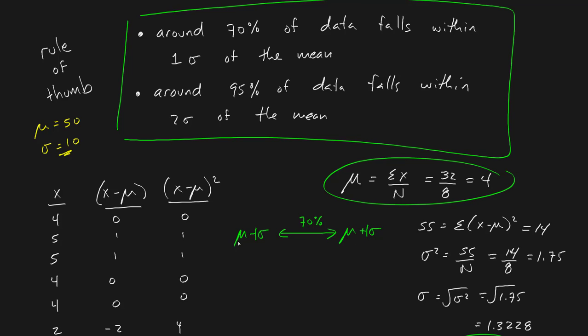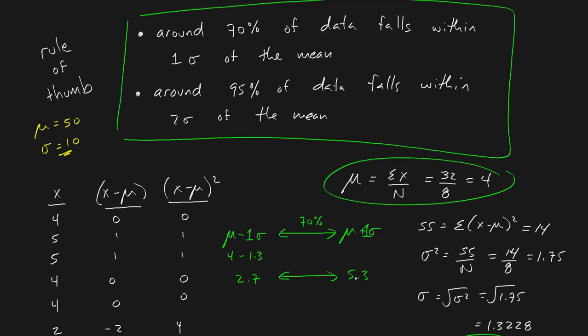So 4 minus 1.3 is 2.7. And the upper range is going to be 4 plus 1.3, so that's going to be 5.3.